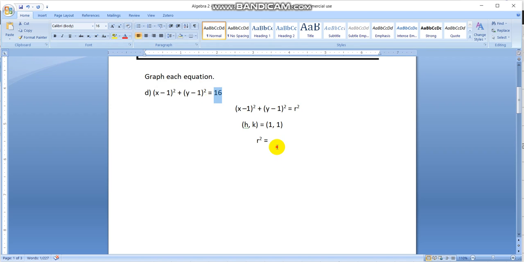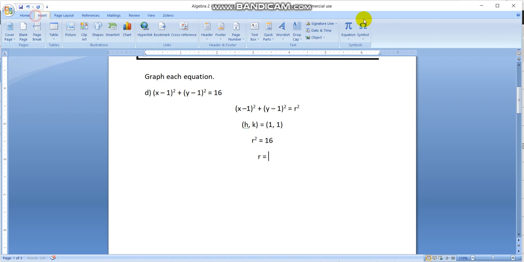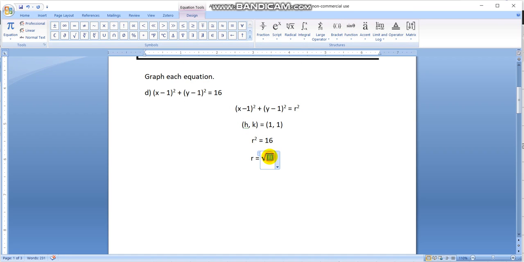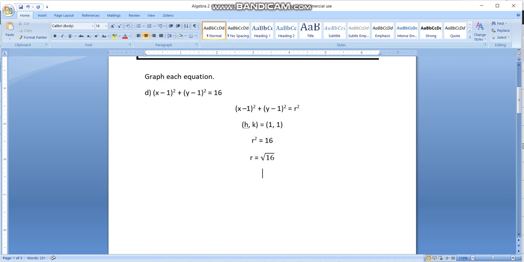R squared is going to be 16. So we take the square root of both sides, and that's how you simplify this. The square root of 16 is 4.